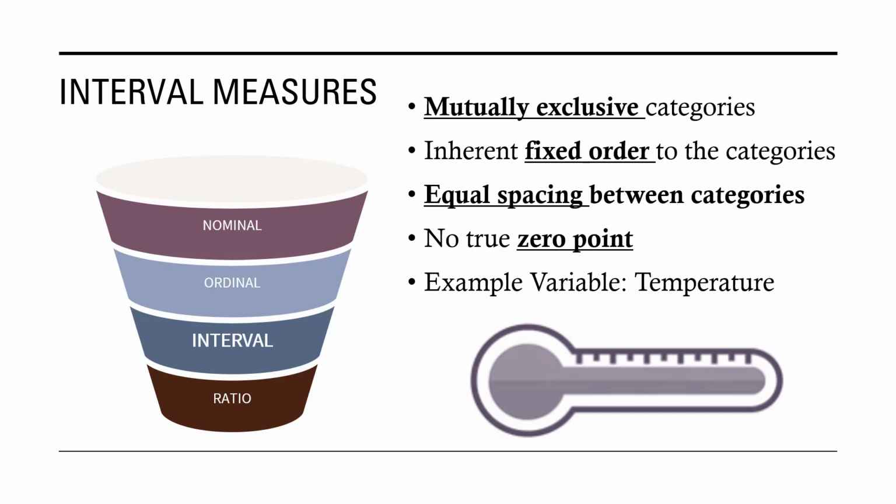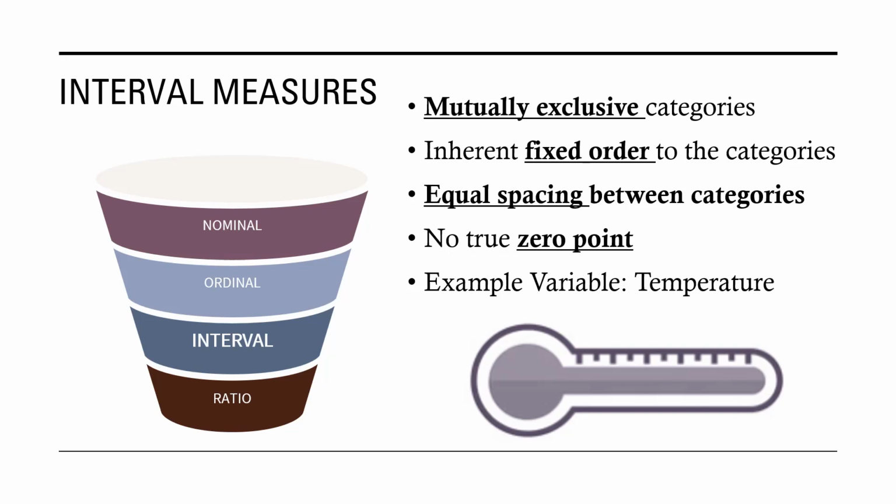A great example of something like this would be temperature. With temperature, we see equal spacing between each of the degrees Fahrenheit on a thermometer. So you can have 30 degrees Fahrenheit, 80 degrees Fahrenheit. We know that there are categories associated with each of these, and because there's an actual numeric value associated with this, there's equal spacing between these categories.